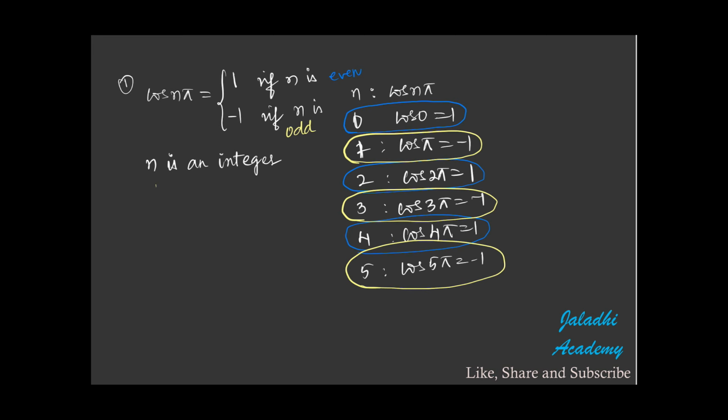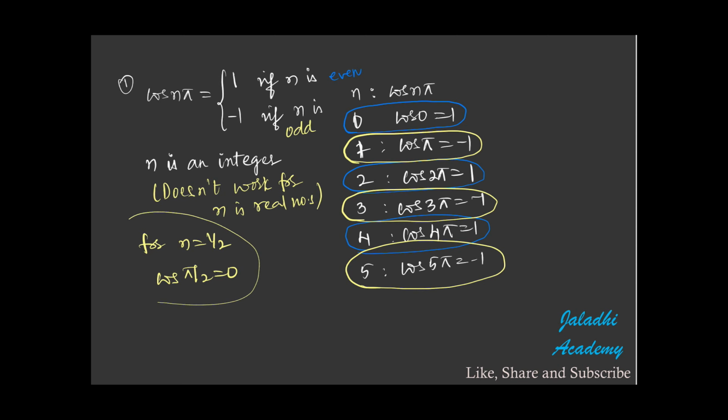For example, if we take n equal to 1 by 2, we get cos pi by 2, whose value is 0. So this is the case where we can apply cos n pi as 1 and minus 1 only for integers.